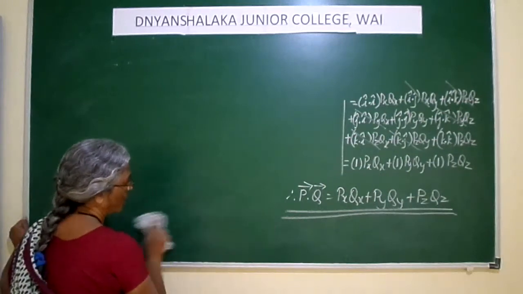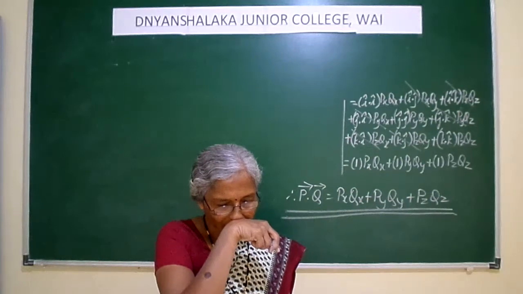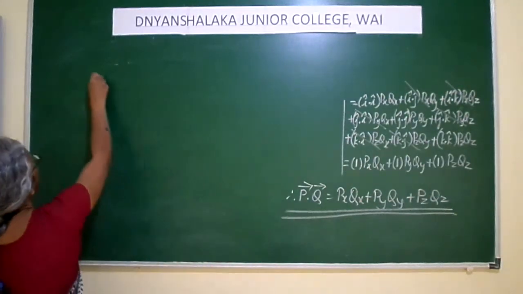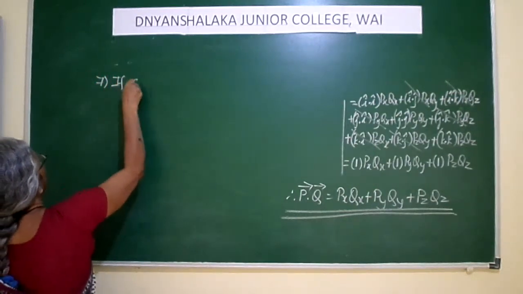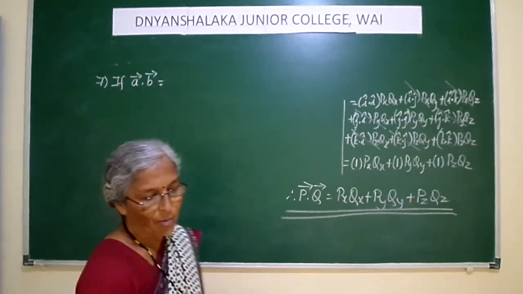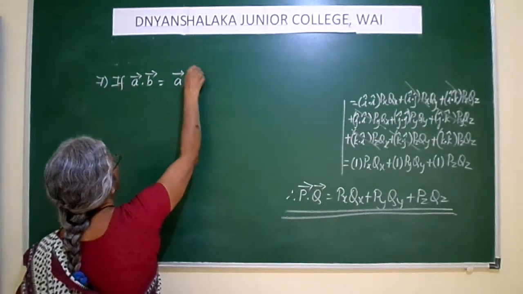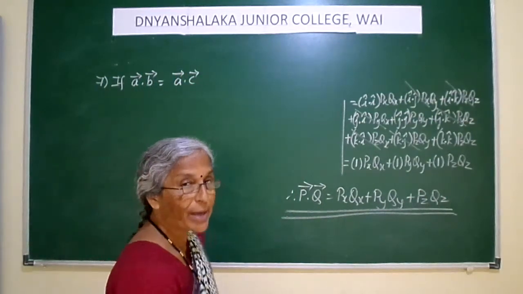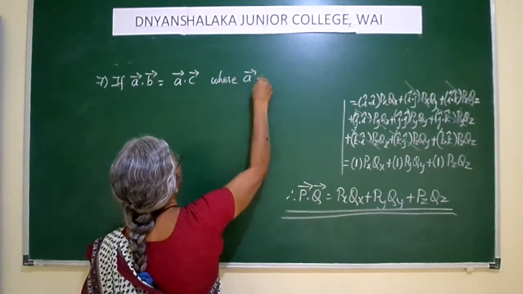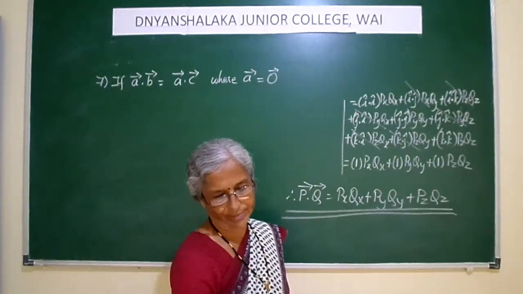Next characteristic in the scalar product of two vectors, that is the last one, and that is if vector A dot vector B is equal to vector A dot vector C, okay, where vector A is not equal to null vector, that means it is not zero vector.